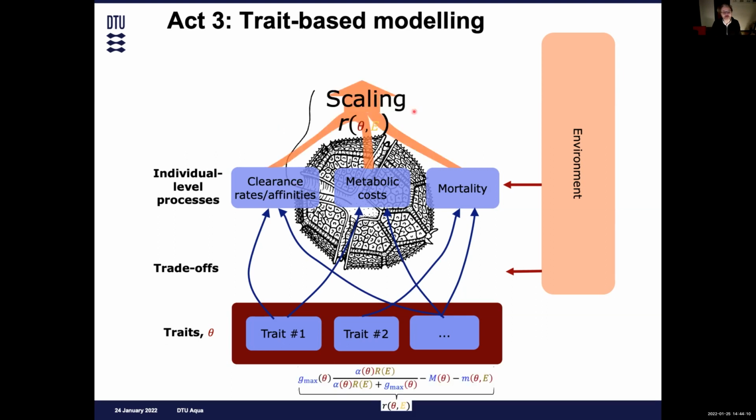That means that my population growth rate now becomes a function of the traits and the environment. It's the same game I'm playing, just as usual, except that I have the traits in here, so it gets a little bit more complicated object.